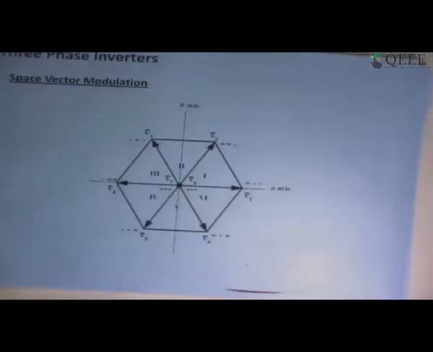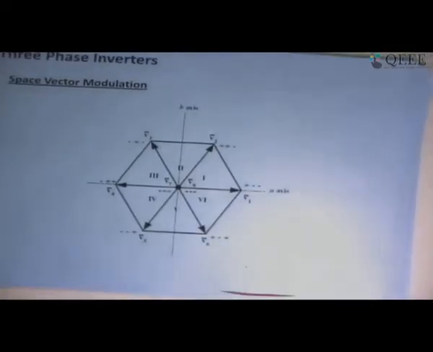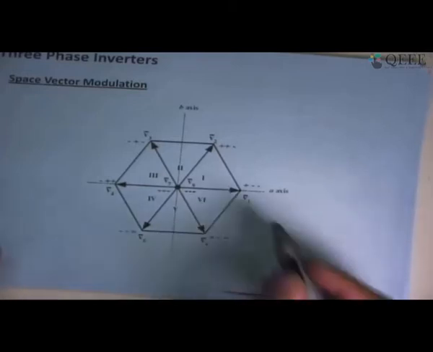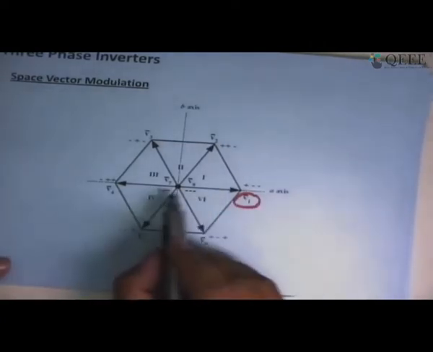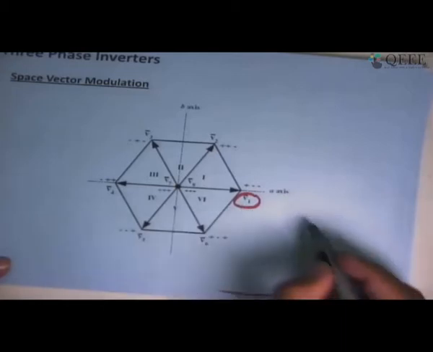So if we try to put V1 to V6 and V7 and V8 and map them with their space phasors, it will look like this, which is very similar to our understanding from the square wave mode. This is V1. So basically, what is V1?